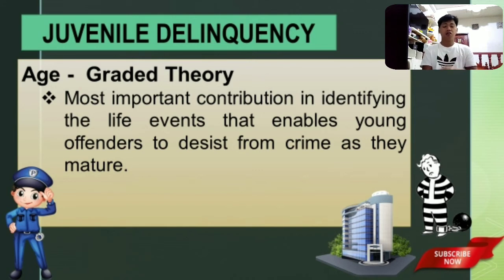Kaya nga, it's not necessarily correct na pag sinabi natin ang isang juvenile will continue to become a delinquent until he dies. That's not correct. At some point, meron yung mga punto na kung saan magbabago yung isang tao.